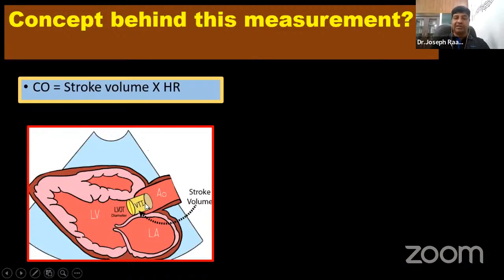Assume that this is something like a cylinder. If you calculate the area and also the length, the distance the blood travels as it is ejected, if you know these two parameters, then you can calculate the volume of the cylinder, which is equivalent to the stroke volume. The volume of the cylinder is equivalent to the amount of blood coming out of this.